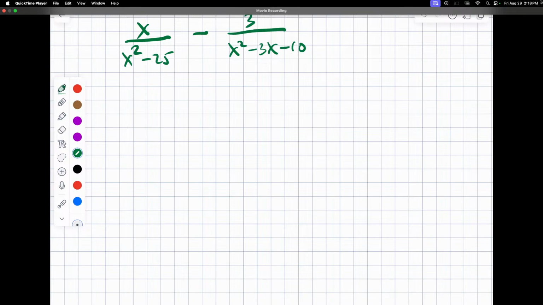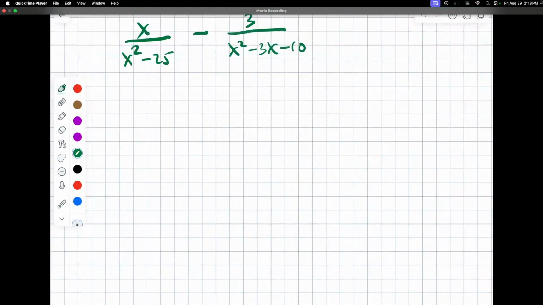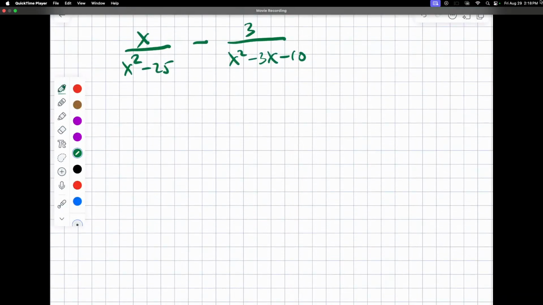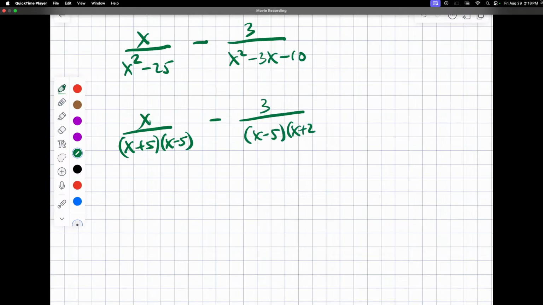So, going now, get 2 now. They have negative 5. No, wait. X minus. That's what it's going to be.